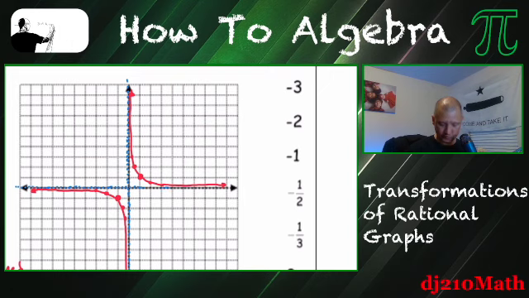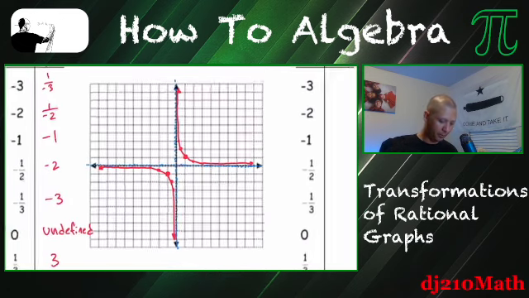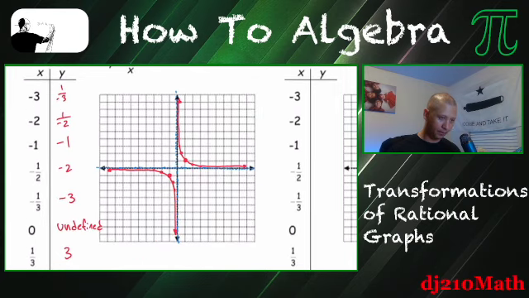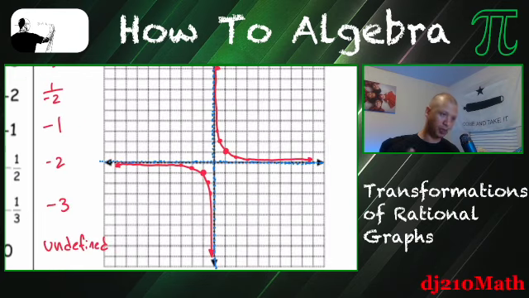Now, in another video, we'll go into this in a little bit more detail, but for the moment, the blue lines that I drew in, these are called asymptotes, right? Every rational function graph will have asymptotes, vertical and horizontal.